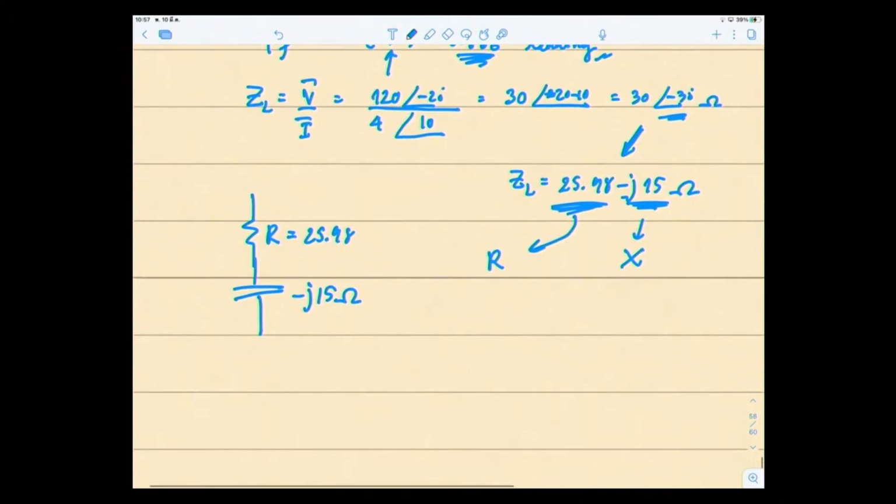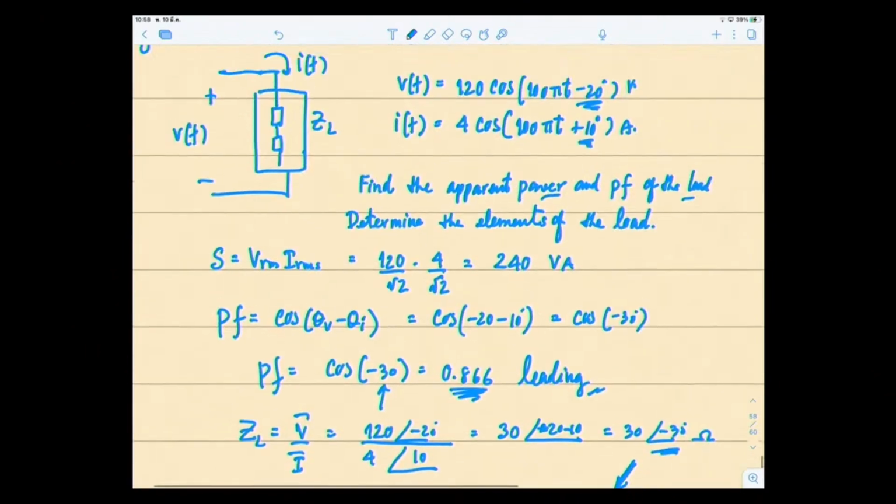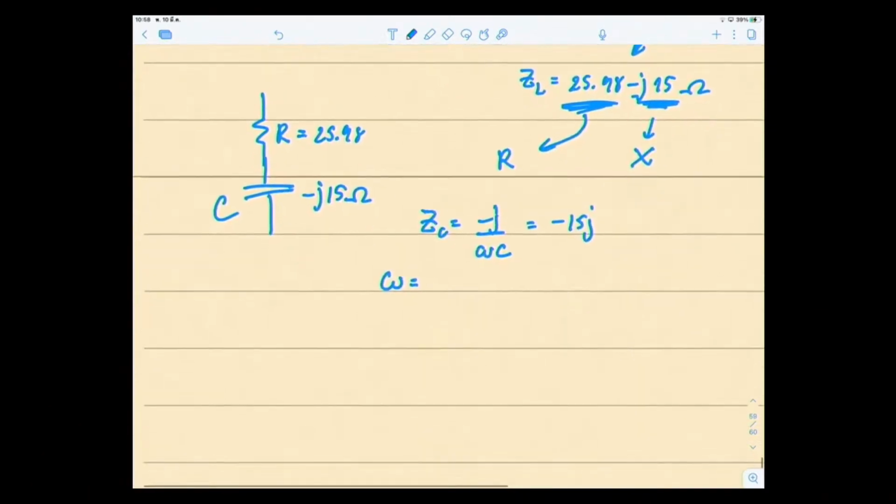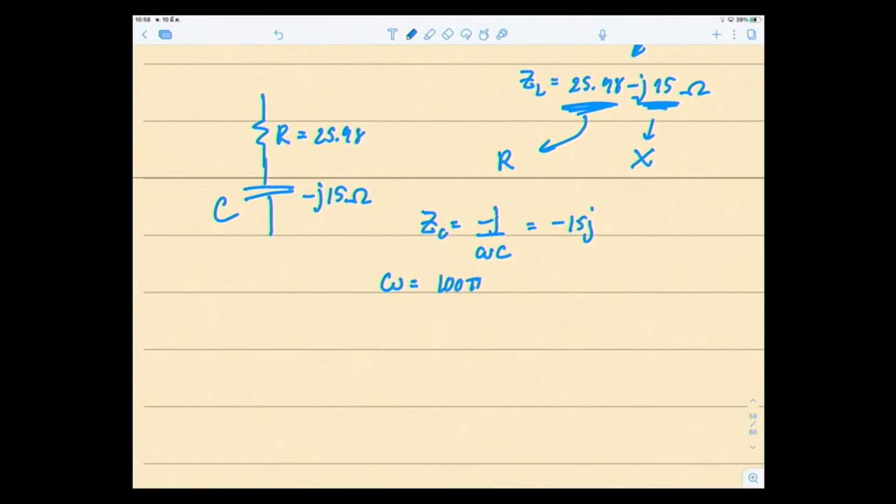But if I want the element values, you have to find the capacitance value. Recall the impedance of the capacitor: ZC is equal to minus j over omega C. So it's equal to minus 15j in this case. Your omega is equal to 100 pi, from your problem. So 1 over 100 pi C is equal to 15.